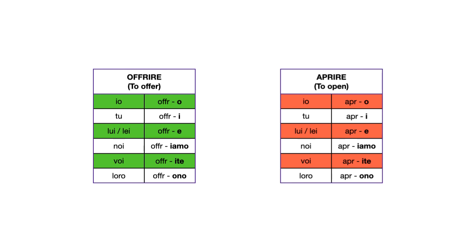Now, finally, for a very, very short list of regular ire verbs. As I mentioned at the beginning of the video, it is the smallest group of regular Italian verbs, but nonetheless, it includes some very important ones. Let's look at a handful of them.